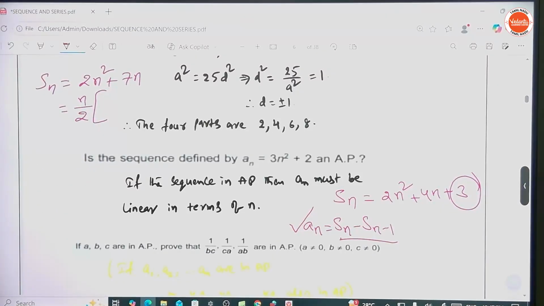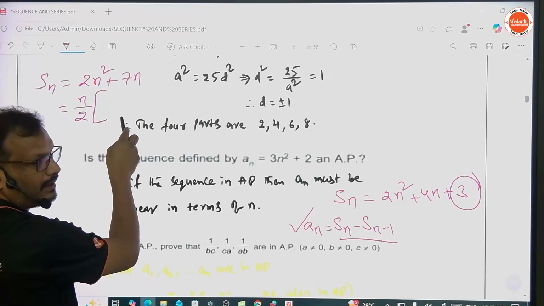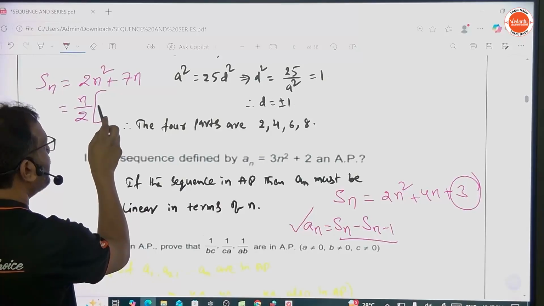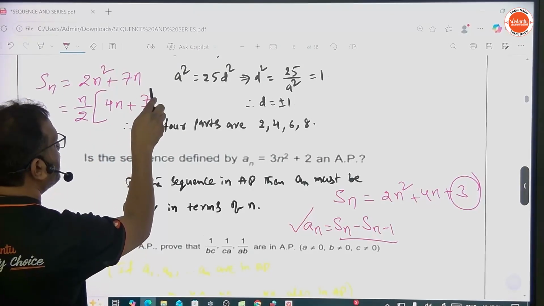But without finding them, how do we generally do it? We know the formula n by 2 into (2a plus (n minus 1) into d), correct? So if I take n by 2 common, what will we get now? (4n plus 7) by 2, right?